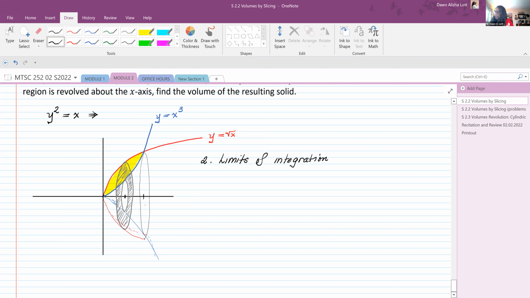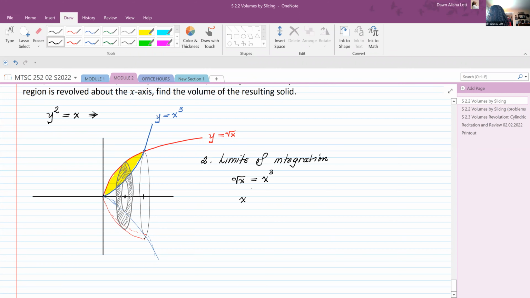So how can I find out what that value of x is? It's where these two curves intersect, correct? So set them equal. Set the square root of x equal to x cubed.